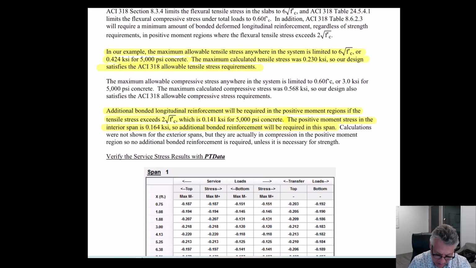And believe it or not, we not only need the tensile stress, we actually need to know the compressive stress at that same location on the opposite face. You'll see why.